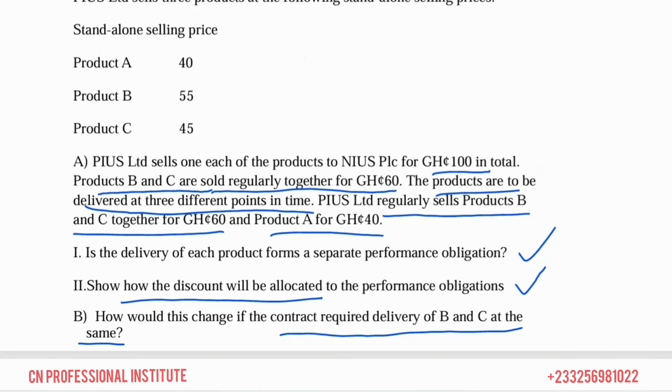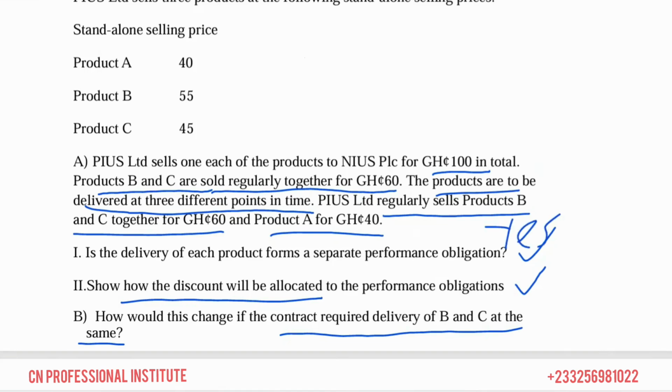So here, because they are delivered at three different points in time, maybe we can say the delivery is separately identifiable in the contract. But there's not much clue to identify this, so we just say, because they are delivered at three different points in time, they form a separate performance obligation. So for the I, we can say yes.